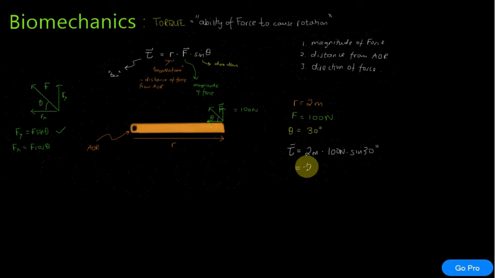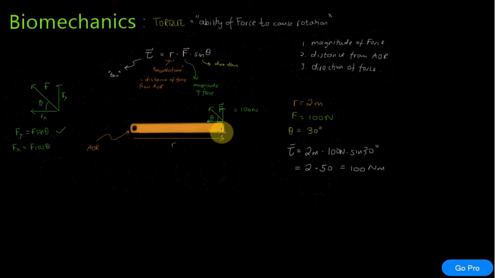So this would be 2 times 100 times the sine of 30, which is 50 newtons, which would give me 100 newton meters of torque. That's just the size of the torque that I would be able to create given this particular scenario.